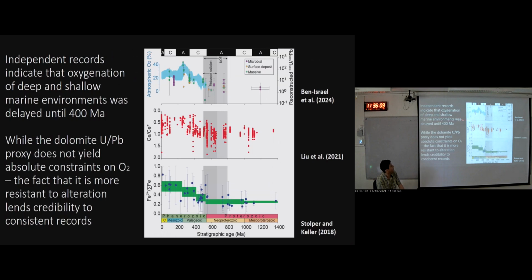We can compare this trend to other redox proxies that were sampled. This is the Cerium anomaly one that was also sampled in carbonates in the shallow marine environments, showing an increase at around 400 million years. And also a record here of iron speciation in weathered oceanic crust. This is a work of Stolper and Keller from deep ocean basins, right?